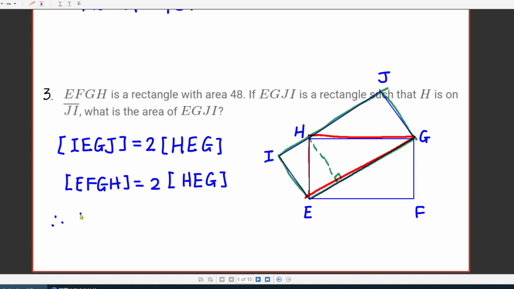And therefore we have IEGJ equals the area of EFGH, which is 48.